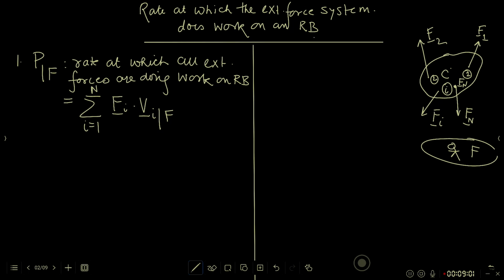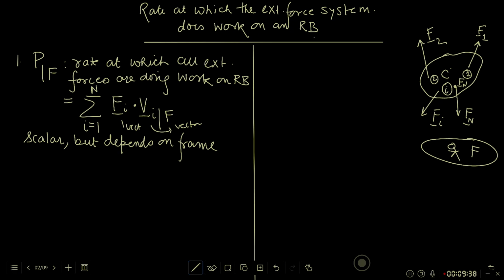Now this quantity is a scalar, it's not a vector, but depends on the frame. Why it is a scalar must be clear, because I have a vector here and there is another vector. We are taking the dot product, and then we are adding several such dot products. So of course the resultant quantity will be a scalar.